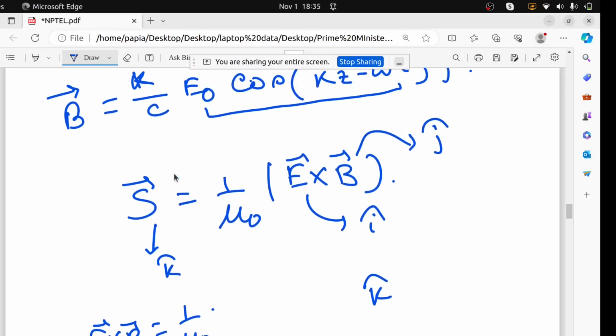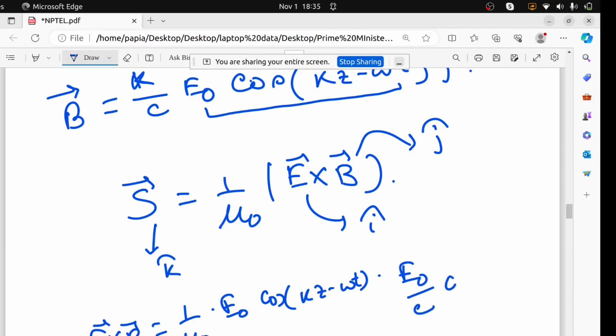What is E? E means E0 cos(kz minus omega t). Let me write here. Then B. B will be what? E0 by C cos(kz minus omega t). Now coming to the direction, which is k cap.